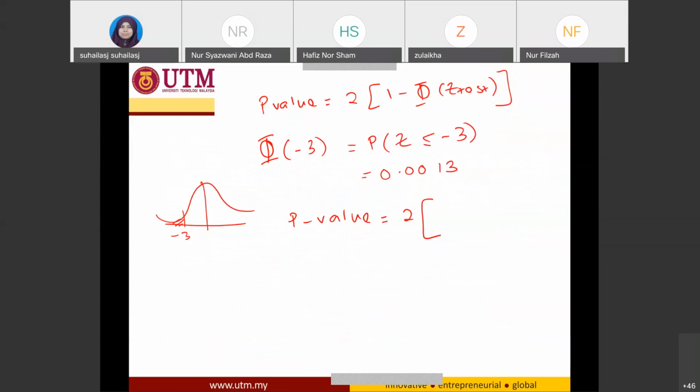Is my value correct, 0.0013? Do you get the same answer as me? Did you get it?